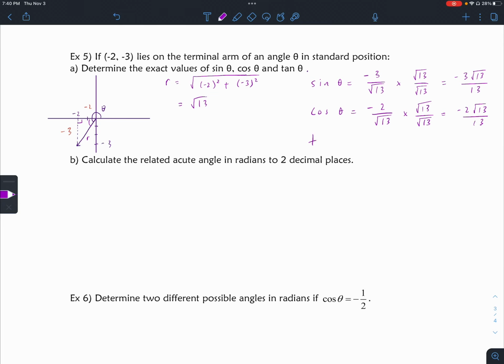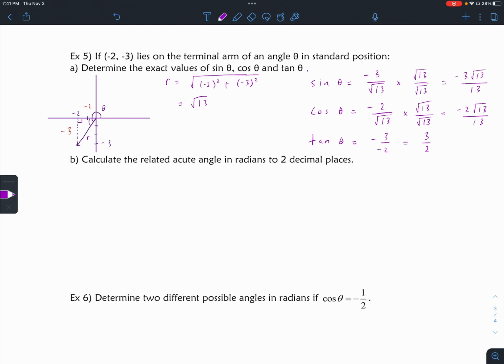And now for tangent. Tangent of theta is opposite over adjacent, so negative 3 is the opposite side to the related acute angle over negative 2. So that is going to be positive 3 over 2, the ratio for tangent of theta.